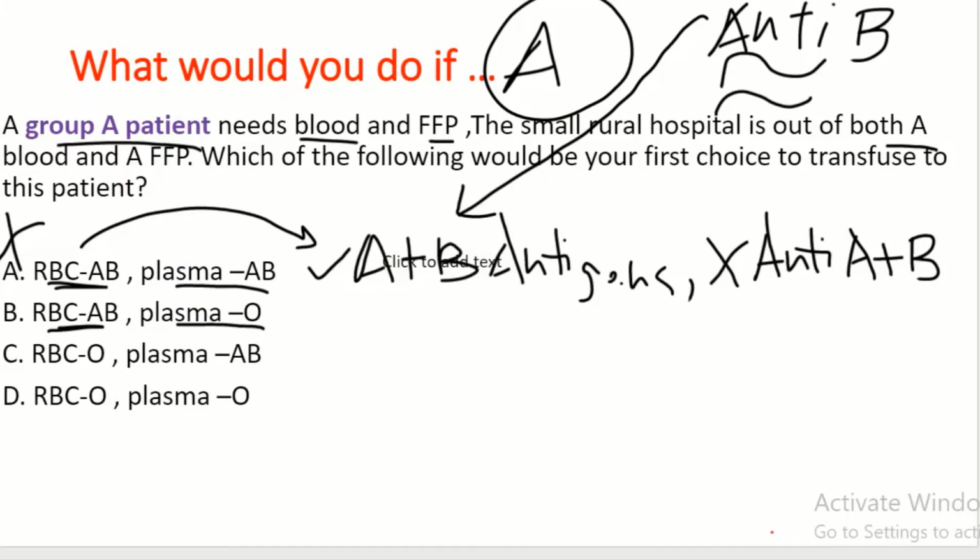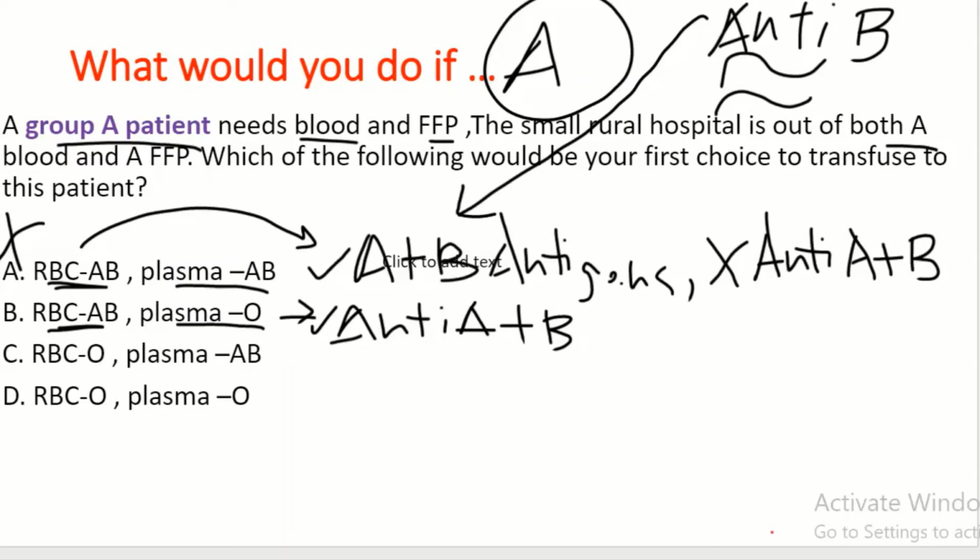As I described earlier, we can't transfuse RBC of AB to a patient of blood group A. Now let's discuss the plasma of group O. In plasma of group O, there is both anti-A plus anti-B.